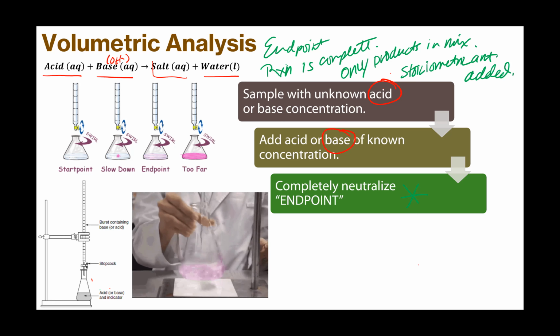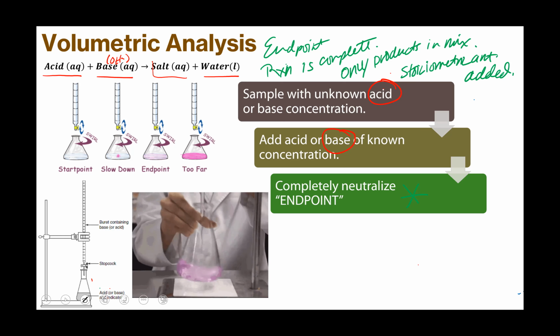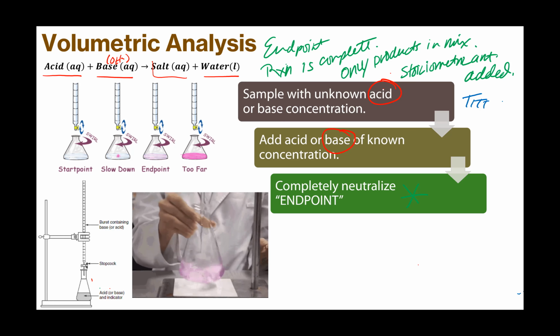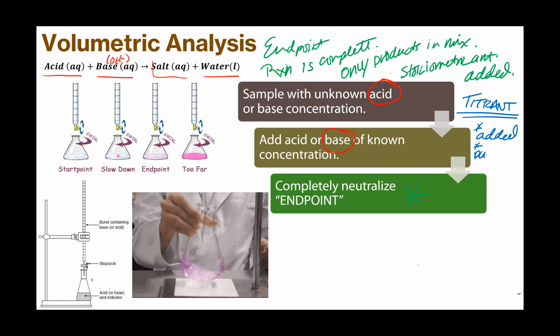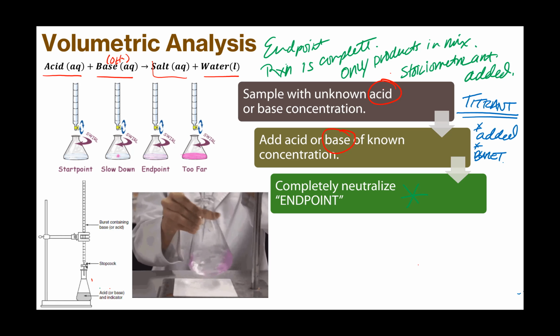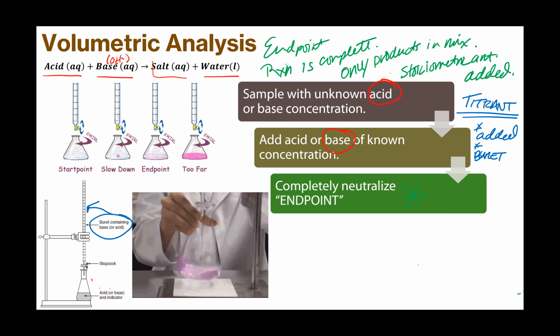A good word for us to know at this point is titrant. Titrant is the thing that gets added. It's in the burette. So when you're putting the solution in the burette, that's the titrant.